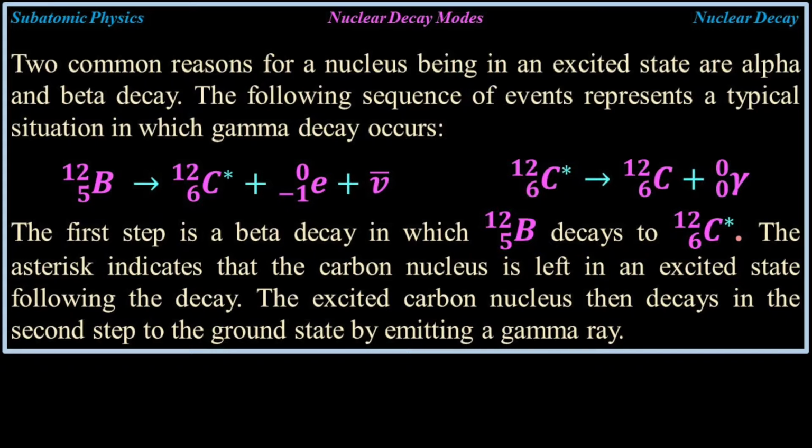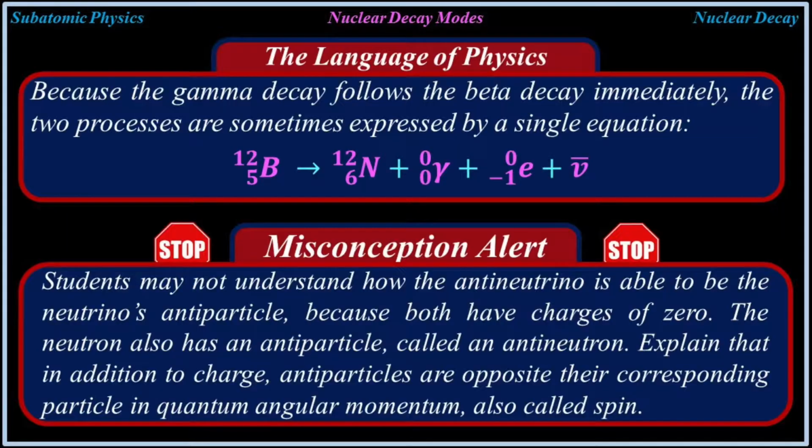The excited carbon nucleus then decays in the second step to the ground state by emitting a gamma ray. And then you have carbon-12 yields carbon-12 plus the gamma ray on the right side. Because the gamma decay follows the beta decay immediately, the two processes are sometimes expressed in a single equation.